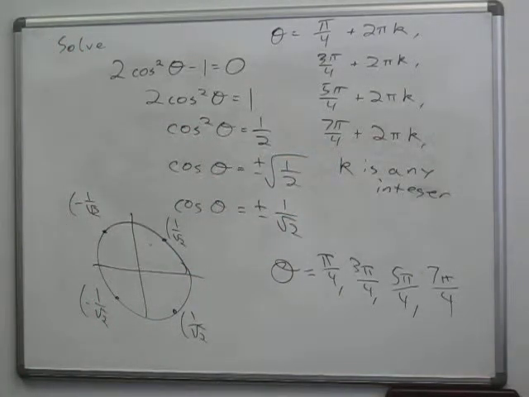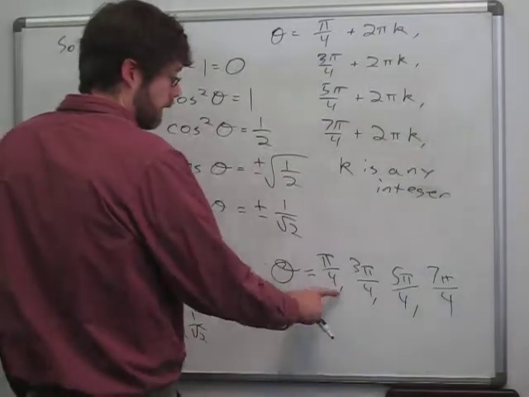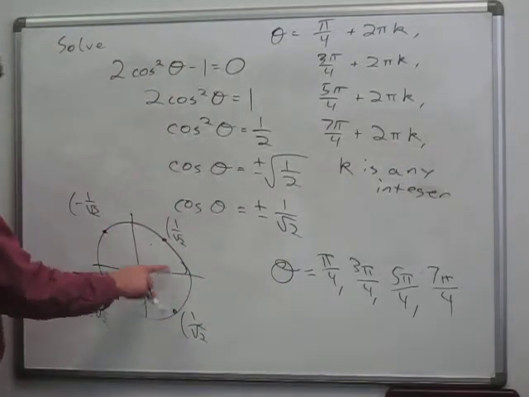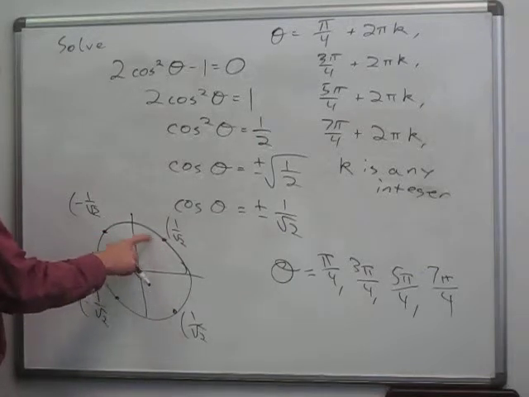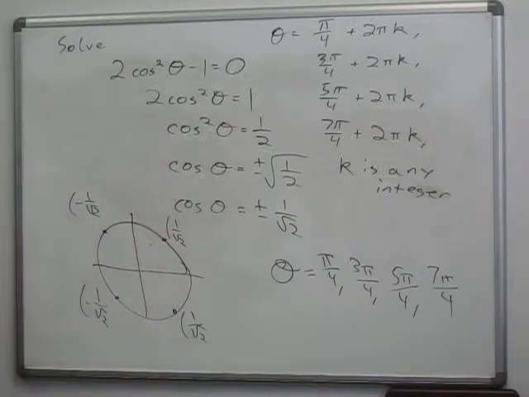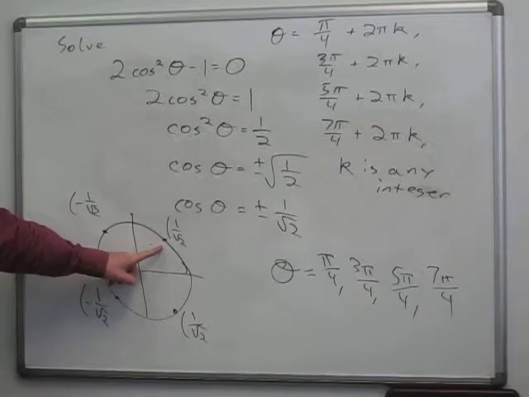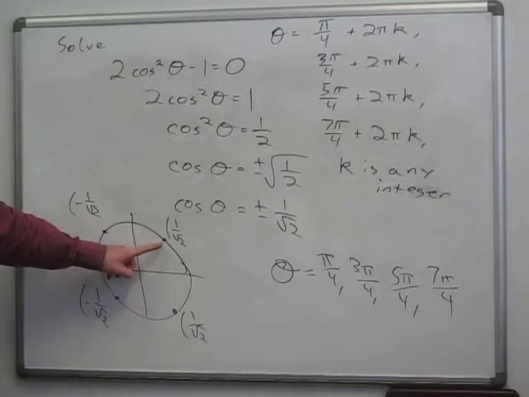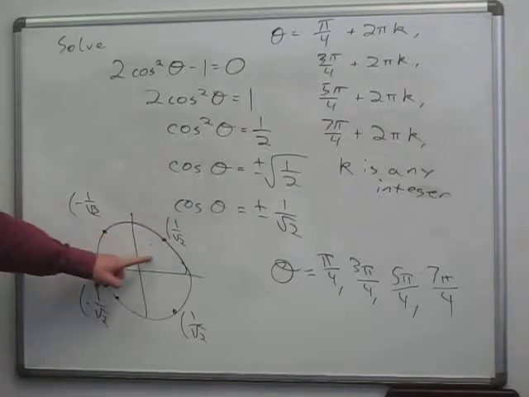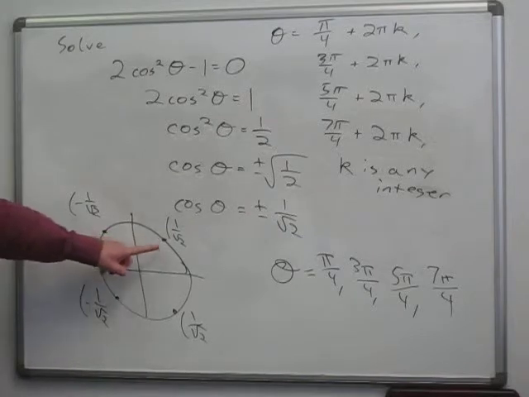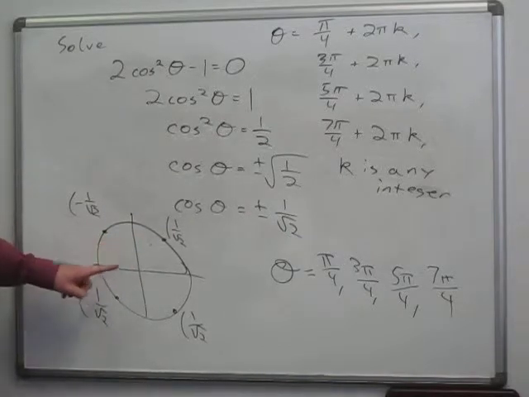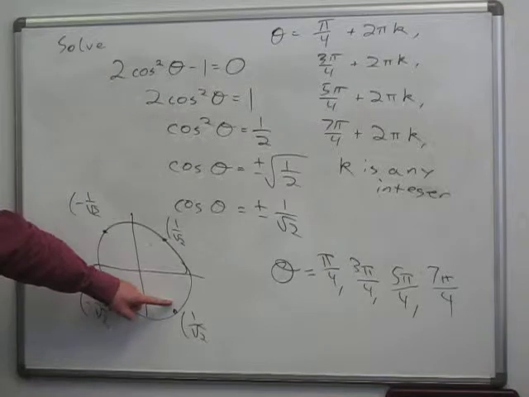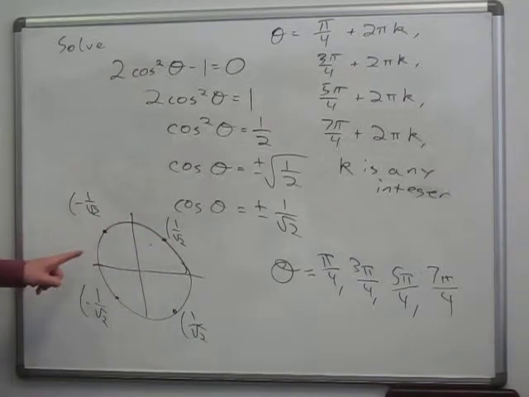We can be a little bit more concise. Notice that all I am doing as I go around the circle is I'm just adding or subtracting pi/2 from the angle pi/4, right? If this is pi/4, 3 pi/4 is just this rotation plus pi/2, another pi/2, another pi/2, another pi/2, and so on.